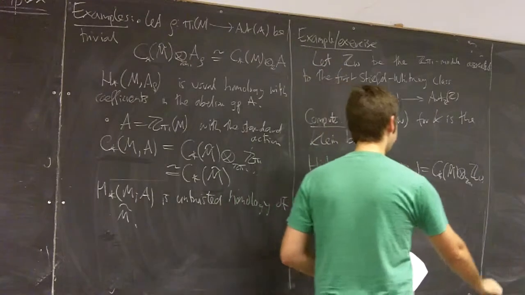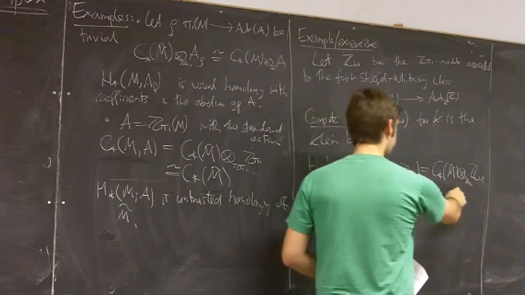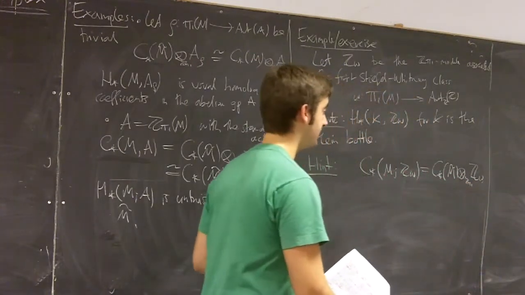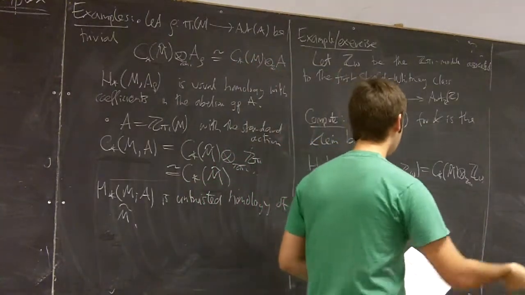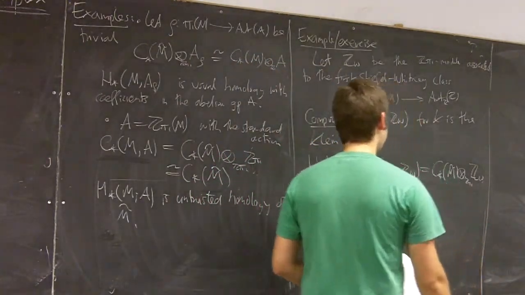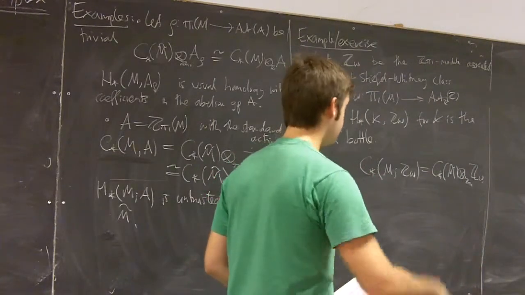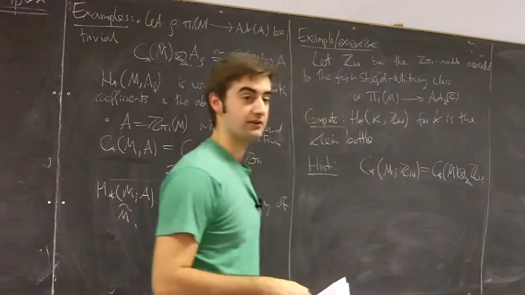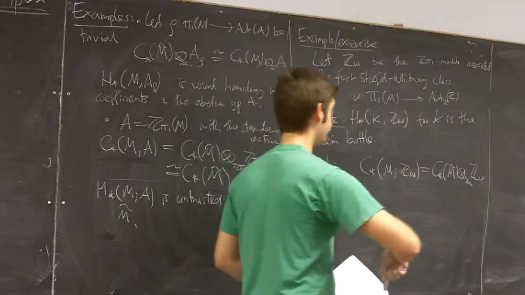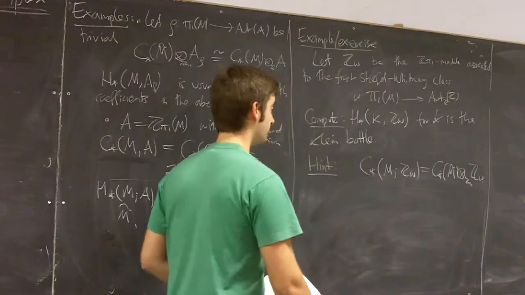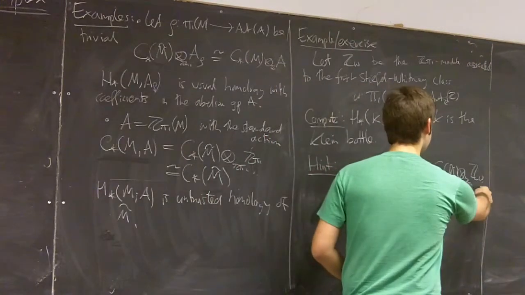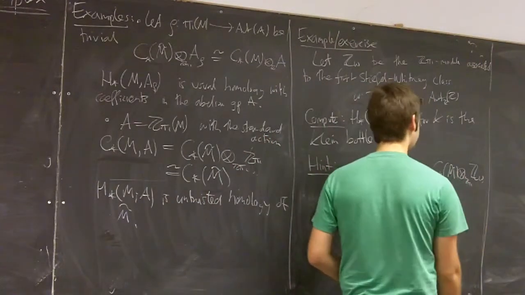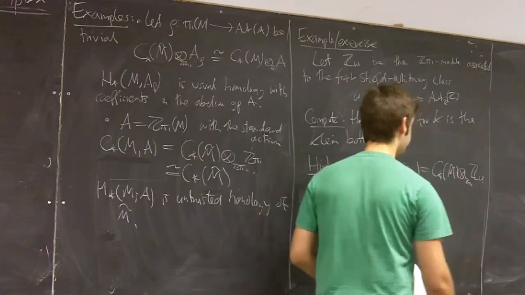Now, as I said before, we can simplify this a little bit by thinking of how Z pi 1 acts on both sides and identifying these actions. Any orientable loop in pi 1 acts trivially on Z because the Stiefel-Whitney class maps it to 1. So this trivial action on the right should be trivial on the left.